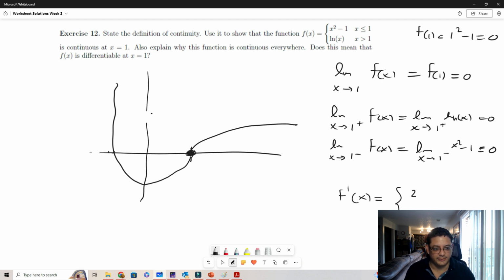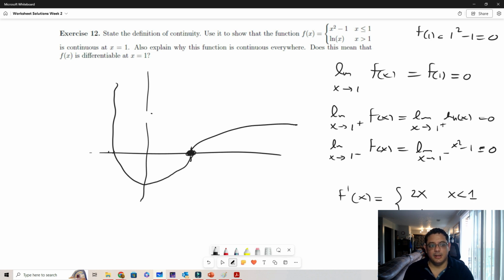This is 2x for x less than 1, and 1 over x for x bigger than 1. As you can see, when we're approaching 1, this function is going to be approaching 2, and this function is going to be approaching 1. So we're likely not going to have differentiability at x equals 1.